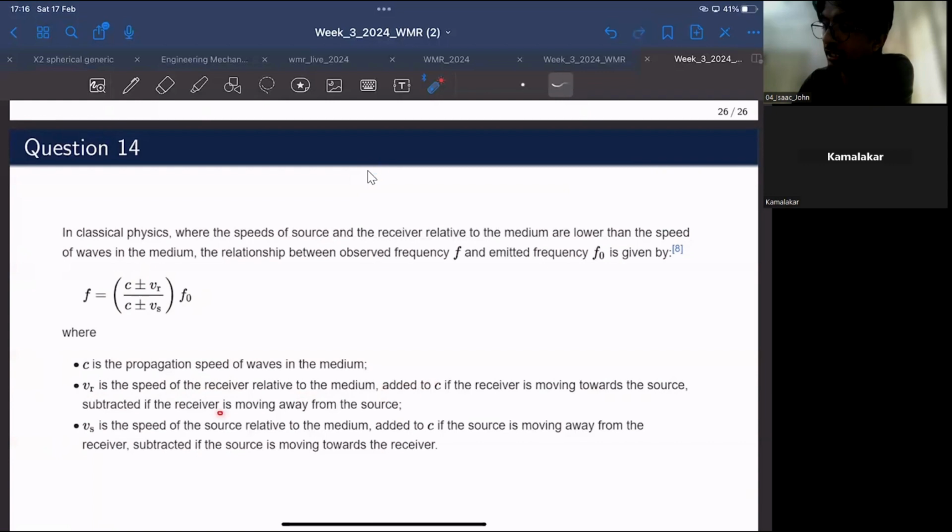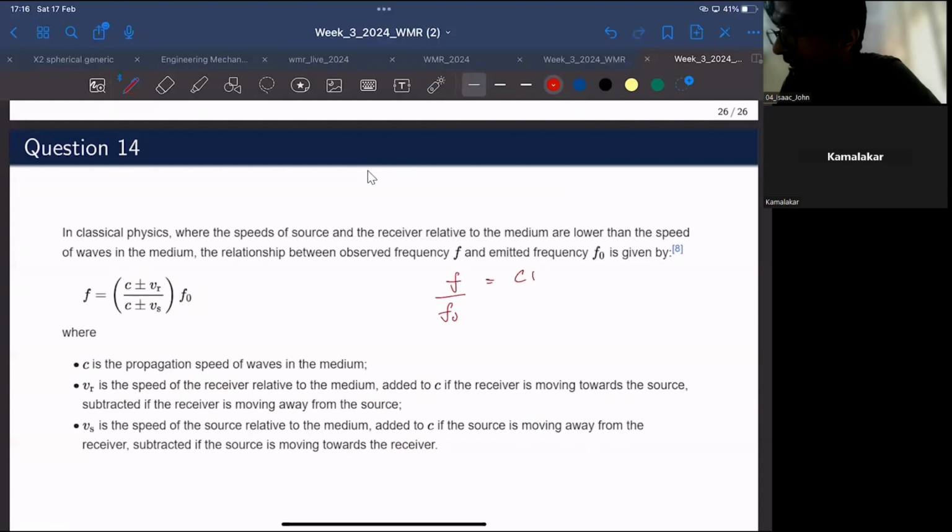If the receiver is moving away from the source, VR is subtracted from C. It is flipped in the case of Vs: if the source is moving away from the receiver, we add it to C, and if it is moving towards the receiver, we subtract it from C. There is also one more shortcut way of remembering this: F by F0 is C plus or minus VR over C plus or minus Vs.